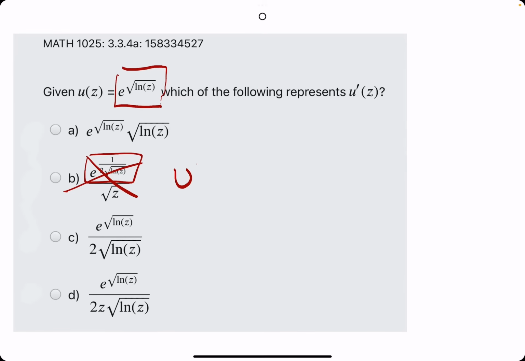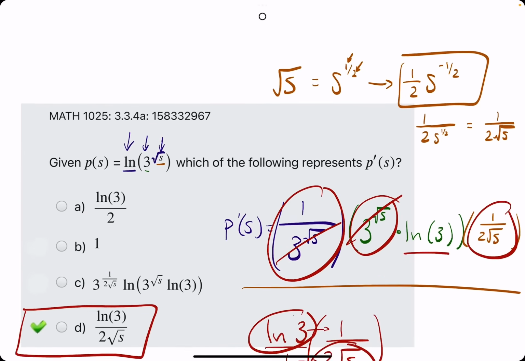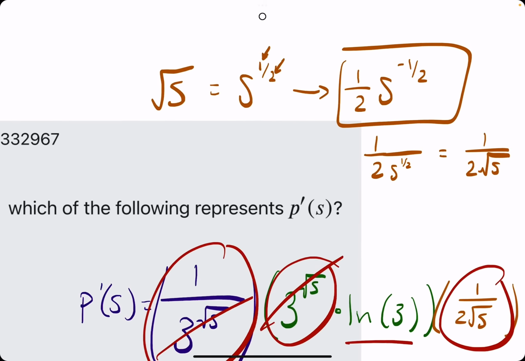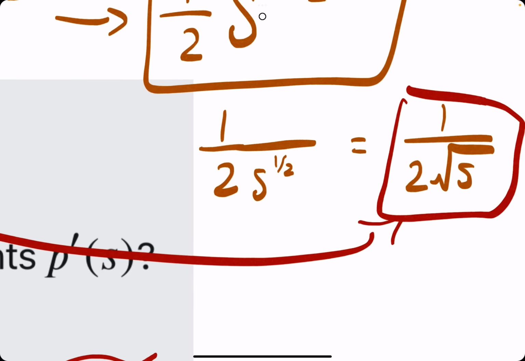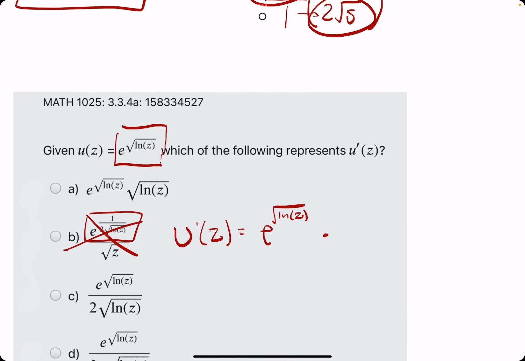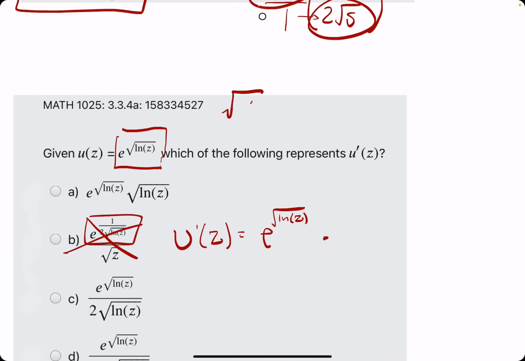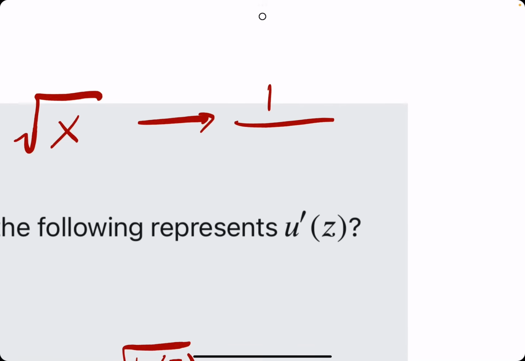So we know we want the e term, e to the square root of ln of z. Then we want the derivative of the square root of something. Keep in mind, we just found the square root of something has a derivative of 1 over 2 square root of s. So if we have, in other words, square root of x, that will always have a derivative of 1 over 2 square root of x.